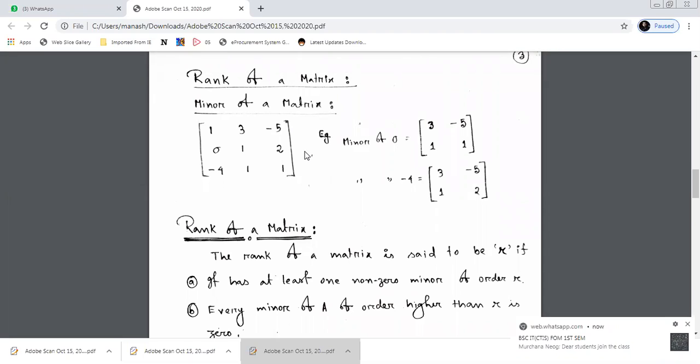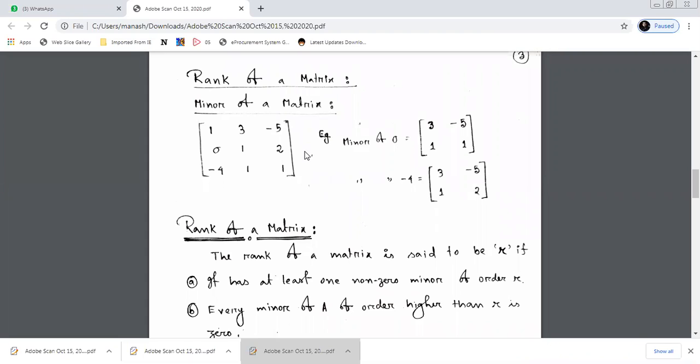Remember this. Now, what is a non-singular matrix? I have already told you. Non-singular matrix means the determinant is not equal to 0. Then the rank of the matrix is the same as the order of the matrix.